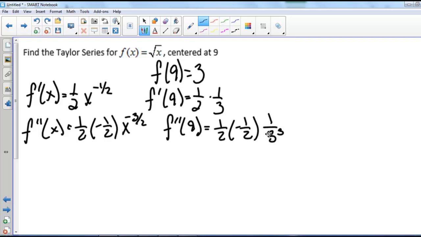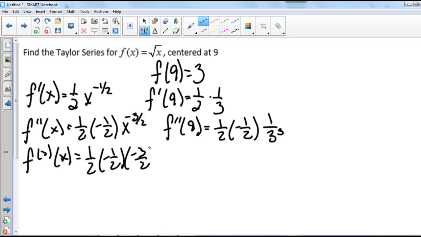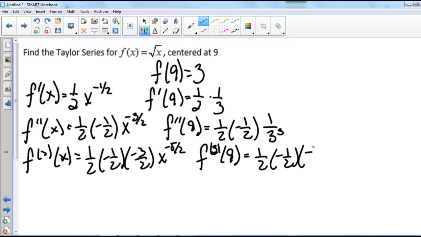The third derivative is 1/2 times negative 1/2 times negative 3/2 times x to the negative 5/2. And the third derivative at 9 is 1/2 times negative 1/2 times negative 3/2 times 1 divided by 3 to the 5th.